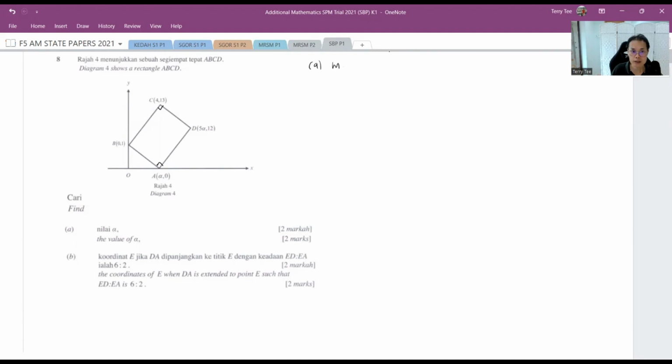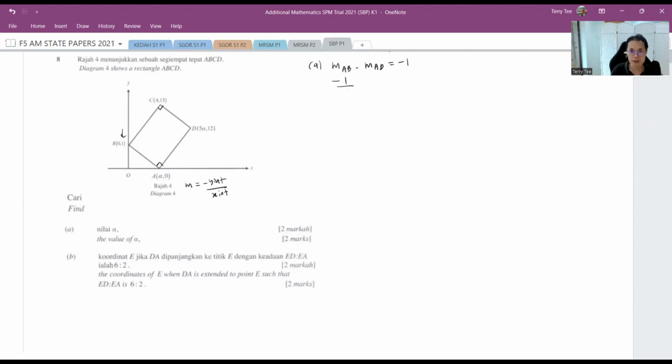We know gradient AB multiplied with gradient AD, the result is negative 1. This is true when 2 lines are perpendicular to each other. For gradient AB, I like to use negative y-intercept over x-intercept. It's easier. Now, my y-intercept is 1. Coordinate point B, the y-intercept is 1.